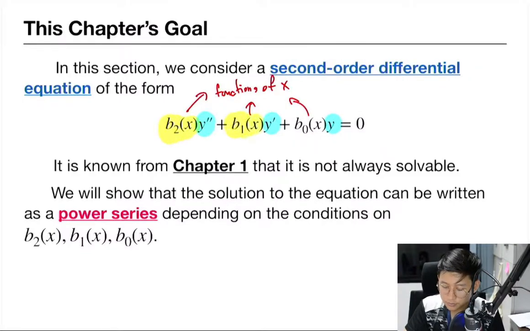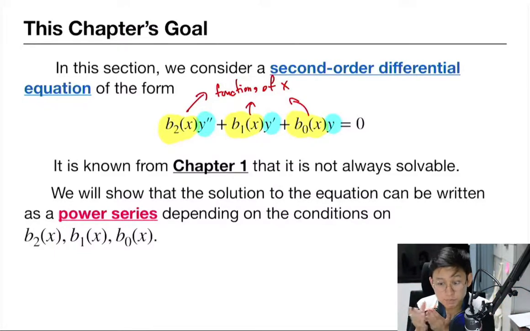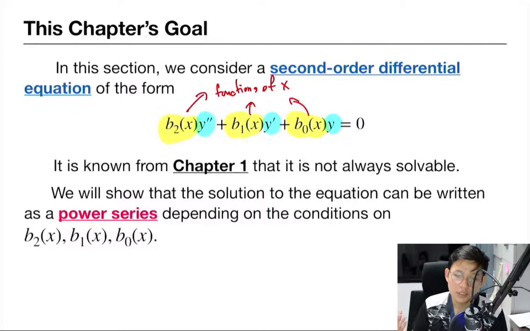Good. Okay, so right now in this chapter, we're going to be looking at this form, and you may know that b2, b1, and b0 are functions of x, right? Then it might be x, it might be just numbers, right? And we know how to solve some of them in chapter 1, right? If they fit some of our forms in chapter 1. For example, if it's separable, if it fits one of the 7 methods.